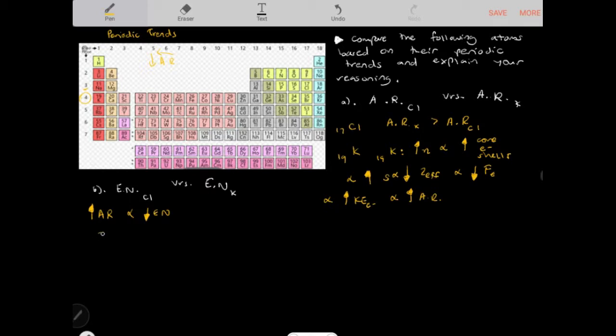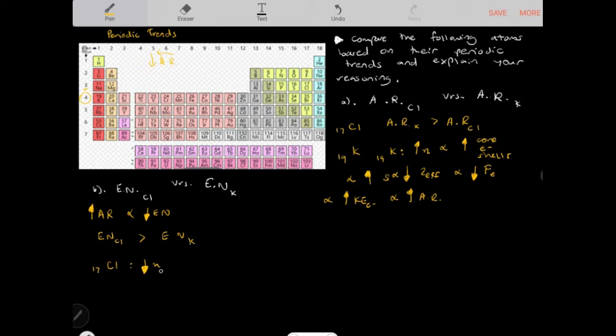Now I'm going to say that the electronegativity of chlorine should be greater than the electronegativity of potassium, and the reason for this is because, once again, back to the shielding aspect, right? Although potassium has 2 extra protons, it has 1 extra shell, and because of that reason, the spacing of the atom is a lot larger, right?